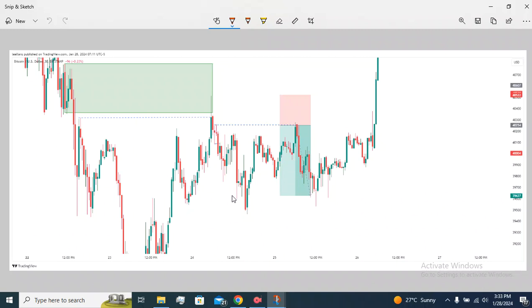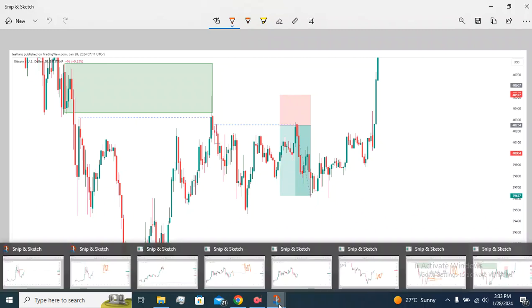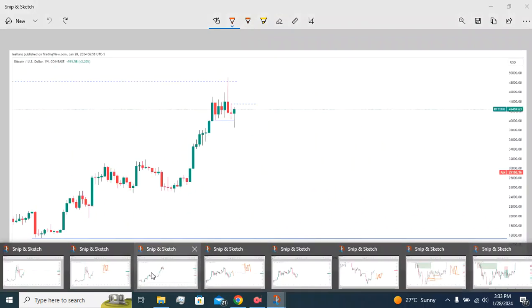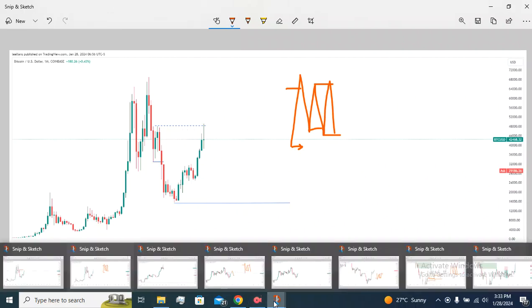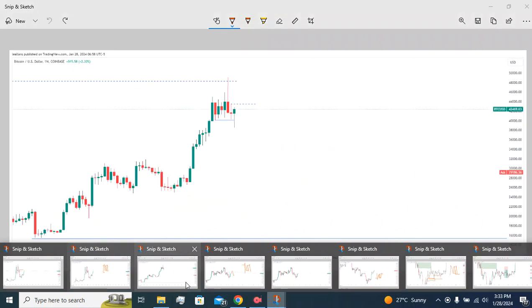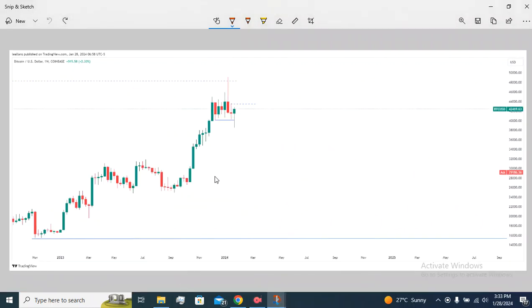So next week I will be expecting, we just smashed this high, right? And in the short term, on the weekly, we're expecting this high to be taken, because we already have a market structure shift.